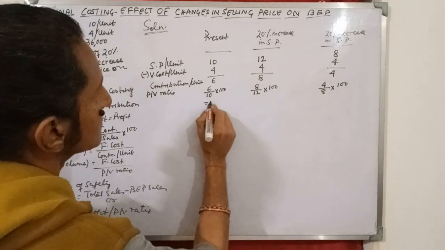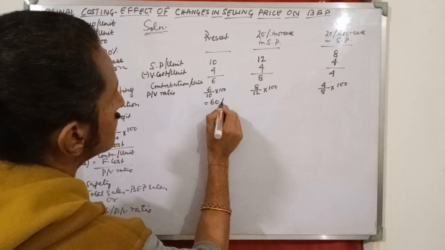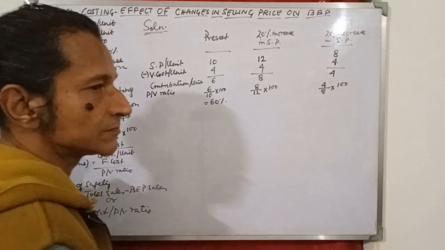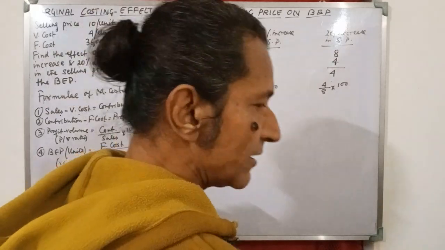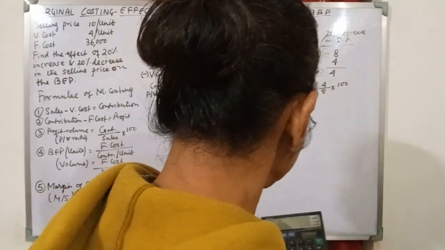So this is 60%. Now 8 by 12 into 100, let us see what it comes to.